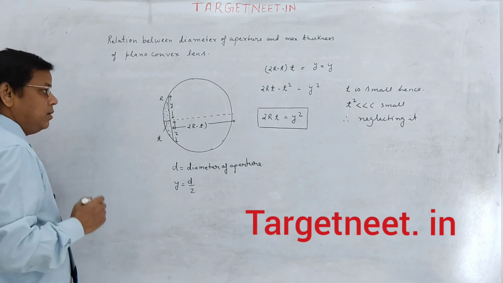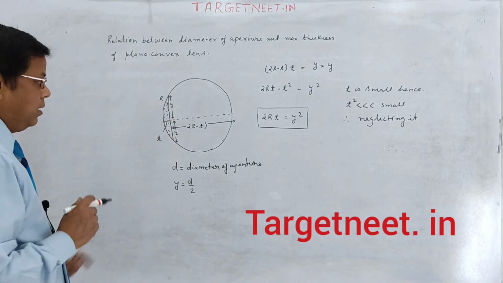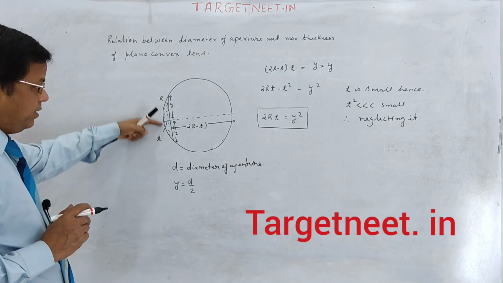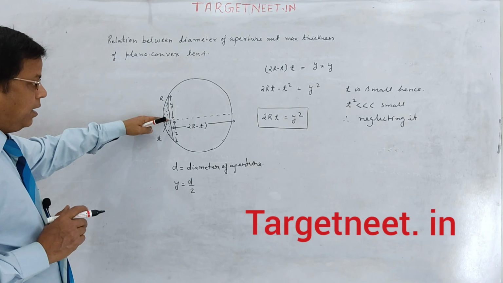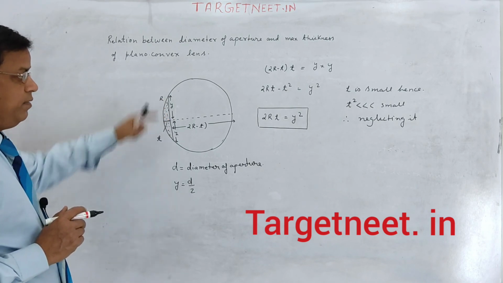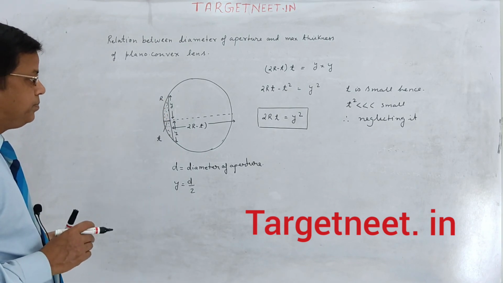So this is relation between radius of curvature of the surface of lens, maximum thickness of lens and diameter of aperture of lens. So remember this formula.